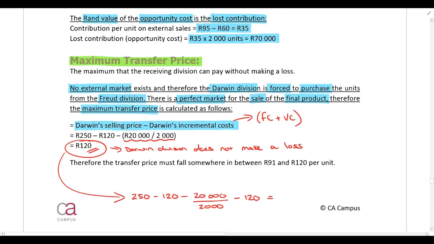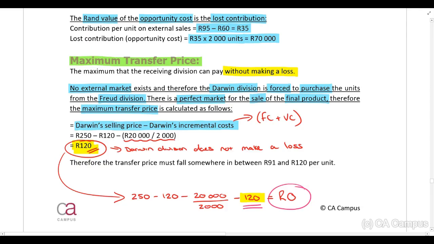If you perform that calculation, guys, you are going to get a profit of 0. So that's why this is the maximum transfer price. It is the maximum that the Darwin division can pay without making a loss. So you can see at a transfer price of 120 Rand, they make a 0 profit.